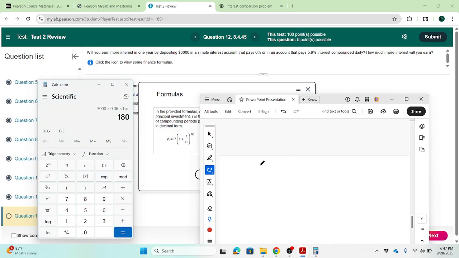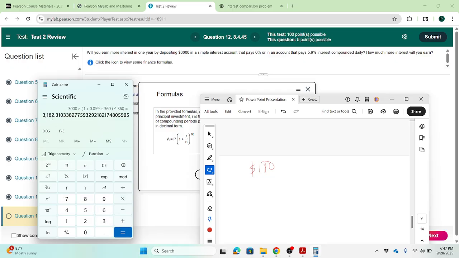Using this formula, I'm going to type 3,000 bucks times, inside the parentheses, 1 plus rate, 0.059 divided by 360 because it's daily, and then to the power 360 times 1 year, so just 360.